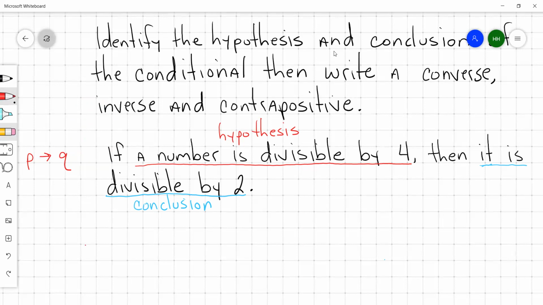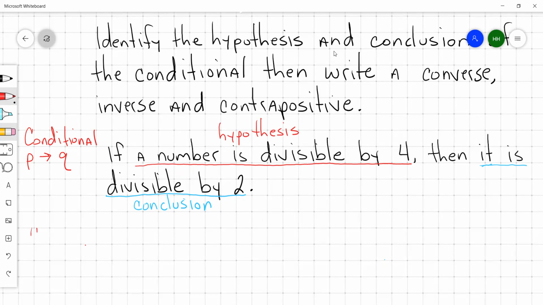All right, so here's our statement. This is our conditional. The question said to identify the hypothesis and the conclusion of the conditional, then write a converse, inverse, and a contrapositive.